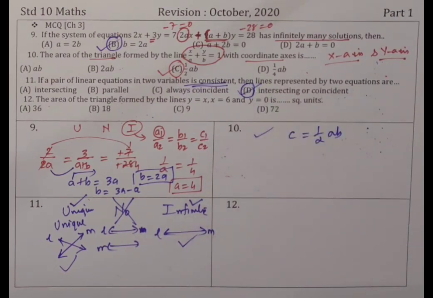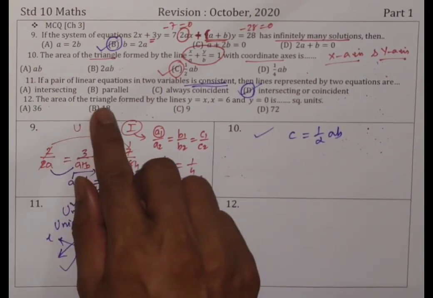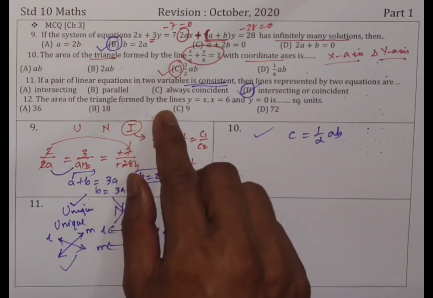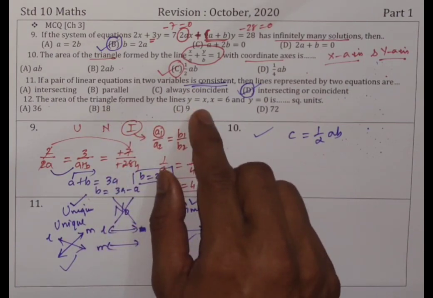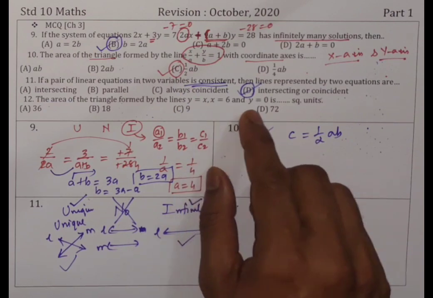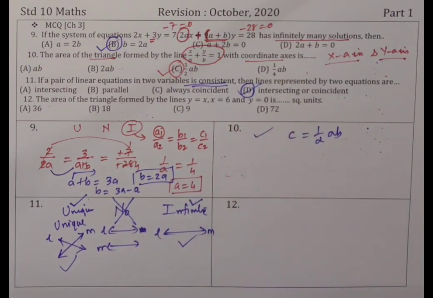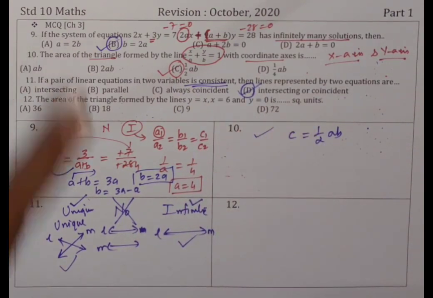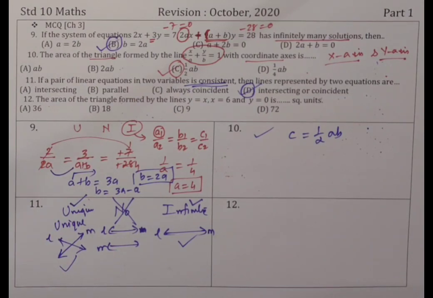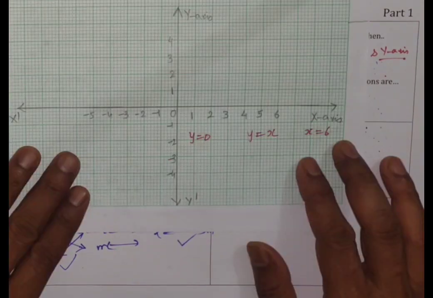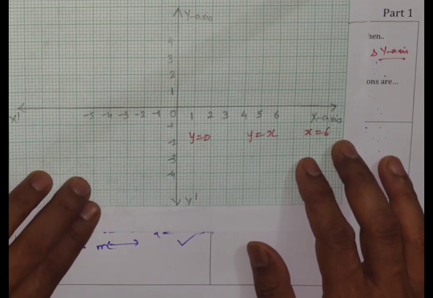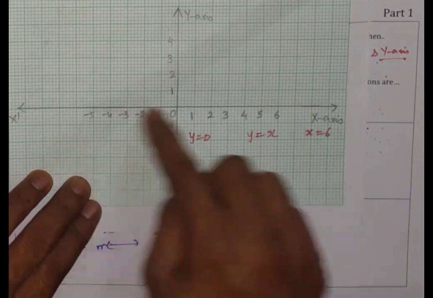Fine. Next one. The area of the triangle formed by the lines y equal to x, x equal to 6 and y equal to 0 is dash square units. This is similar to the 10th one. So we'll have to look for a graph. So children, look here.